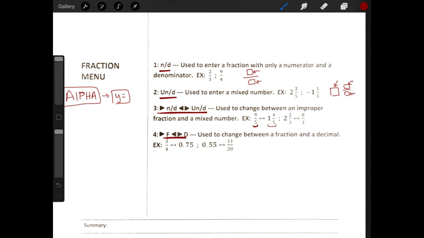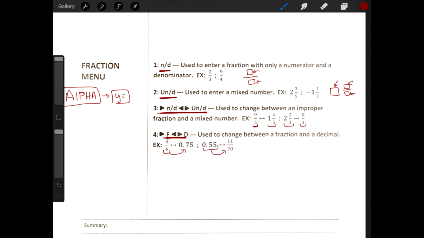If you write in that mixed number and you hit alpha y equals and then the number 3, you're going to get the 8/3 instead of the 2 2/3. Okay. And the last option for the fraction menu is going to be from fraction converted to a decimal. So basically you'll have the option of getting a fraction and then changing it to a decimal. And same thing with if you begin with a decimal, you can change it into a fraction.